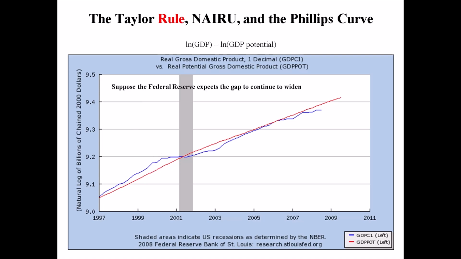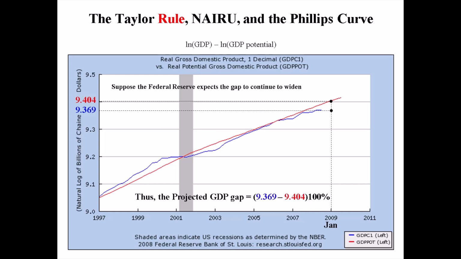So suppose the Fed expects the gap to continue to widen. So in January 2009, we said we expected the gap to get even wider. And it actually got really wide. This graph with updated data is in my macroeconomics book.